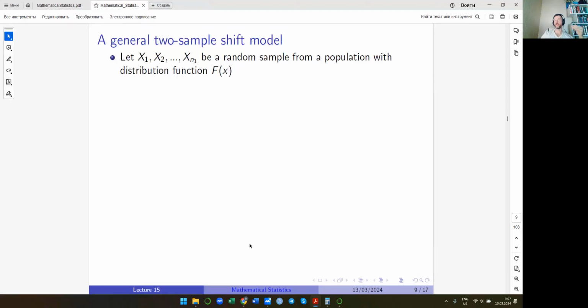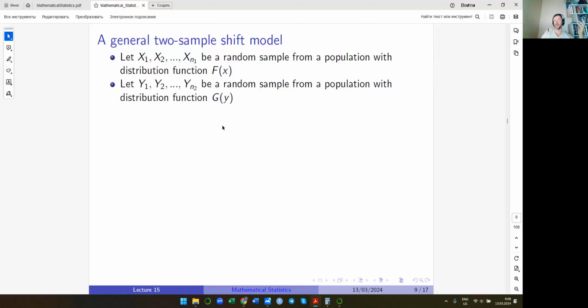It is called a general two-sample shift model. So suppose we have one sample x1 to xn1 from a population with some distribution function F of x. Look, we don't specify the shape of this distribution. We don't say that this is normal or something else. We just say that there is some distribution function. We know that this sample is taken from this population, and the sample has its own size n1.